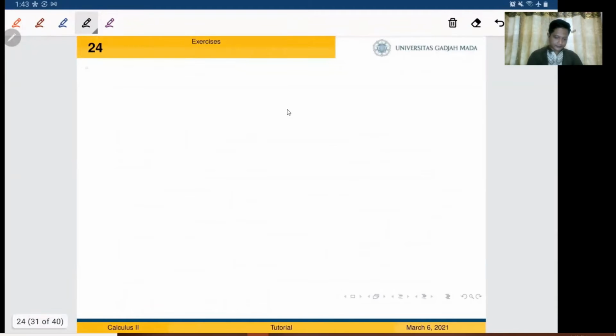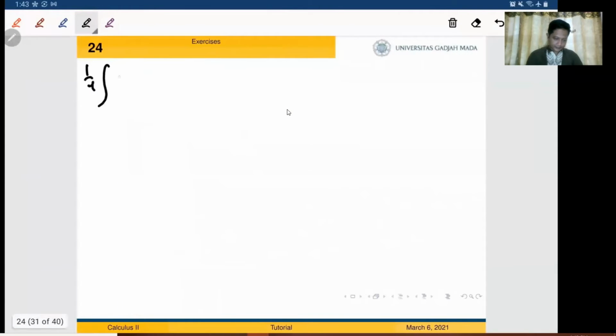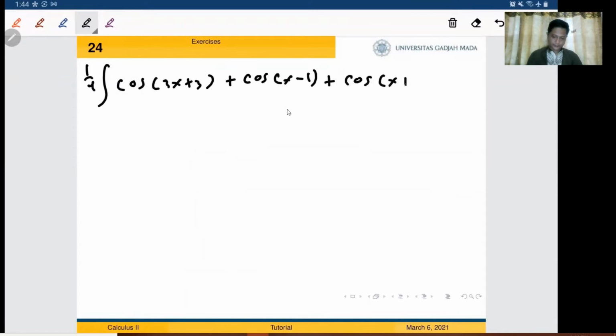We have the integral, and if I rewrite everything, I have 1/4 integral, because 1/2 times 1/2 should be a quarter, right? Then I have cosine of 3x plus 3, plus cosine of x minus 1, plus cosine of x plus 1, and the last one is plus cosine of x plus 3, dx. So try to integrate one by one.